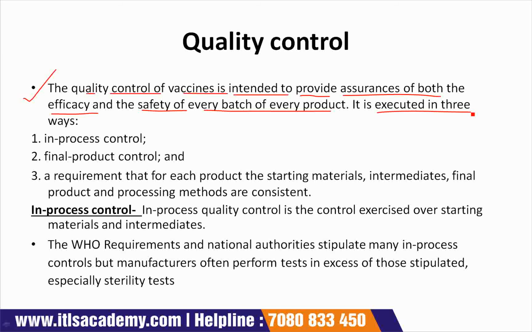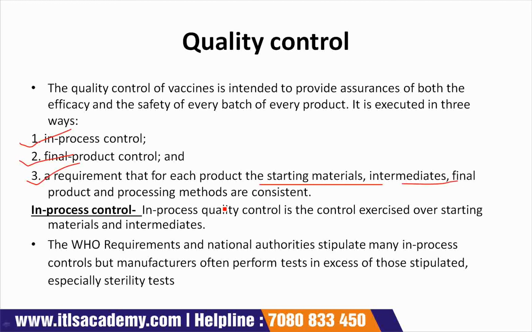It is executed in three ways. First one is in-process control, second one is final product control, and third one is a requirement that for each product the starting material, intermediates, final product, and processing methods are consistent.